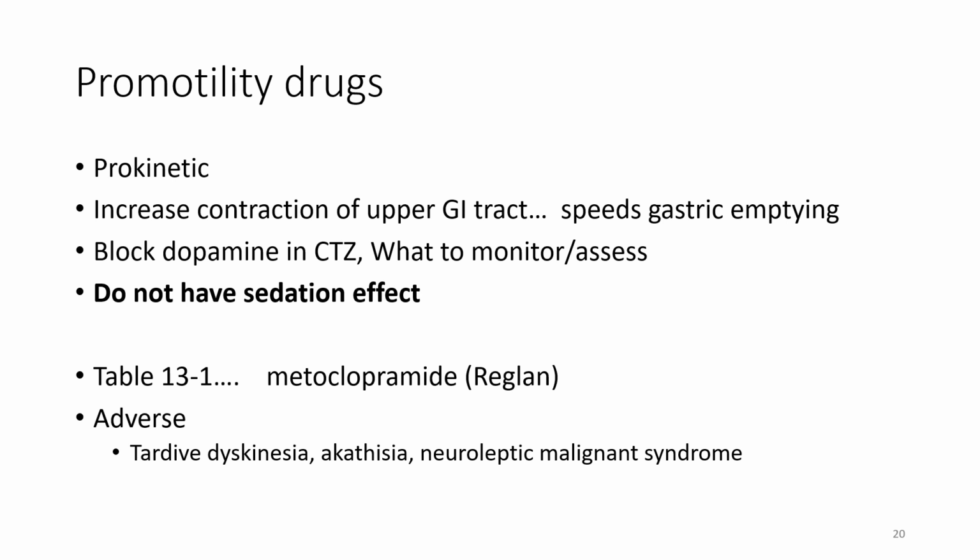So one of the most important parts about this is, number one, that it doesn't have that sedation effect with our patients. So that's why we like to use it, although it does have some other side effects that are less desirable, but we'll talk about those as we move forward. Now, if you want to look at this, the Reglan is on table 13.1, and I think that is page 244. Yes. So look on page 244 if you want to follow along with this particular medication.